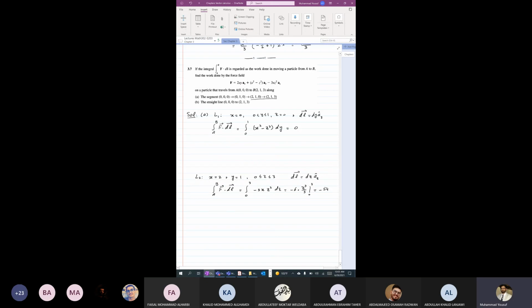Yeah, actually this should be L3, L2. L2 is from, let me underline it in red color. L2 is actually the part we didn't do here.